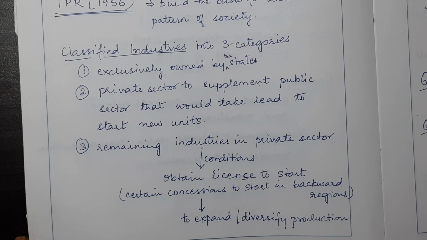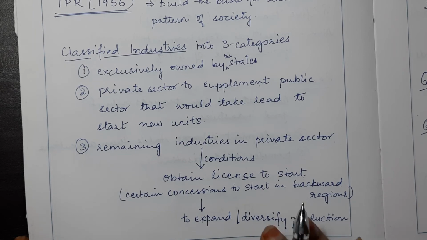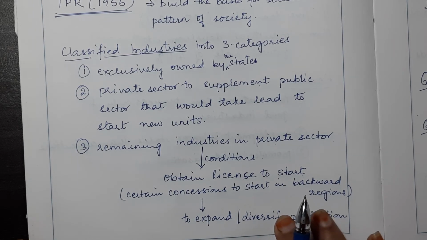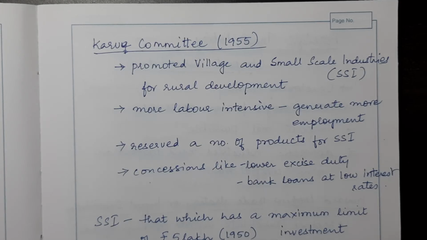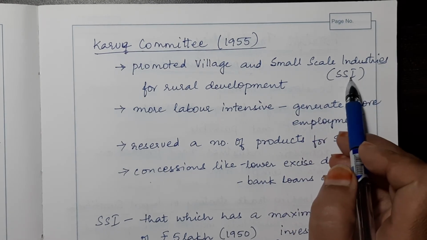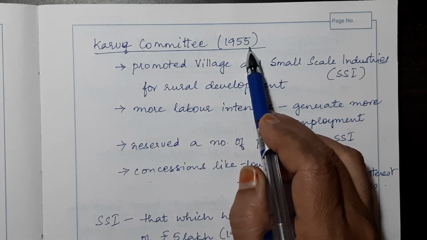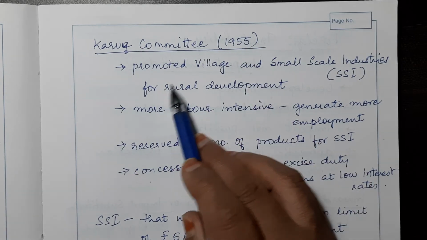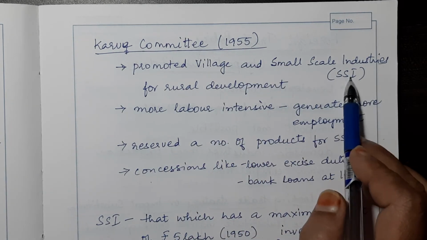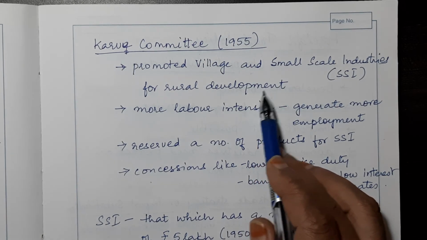To ensure the quantity of goods produced was not more than what the economy required, licensing was necessary. That was about the larger or big industries. In order to promote the interests of the small scale industries, the Karve Committee was set up in the year 1955. This promoted village and small scale industries for rural development. Why rural development?